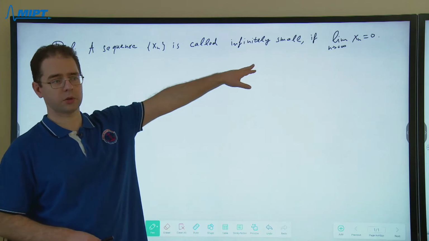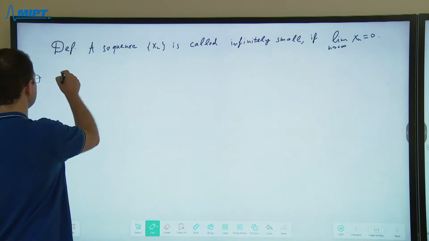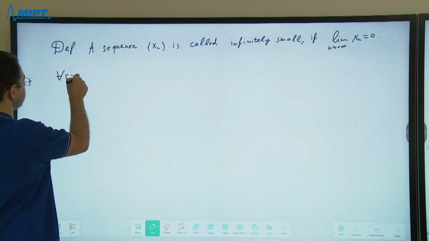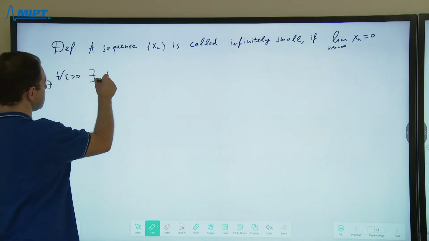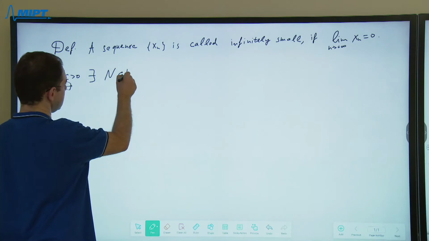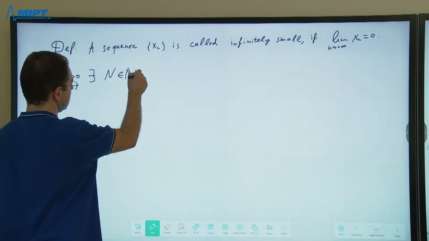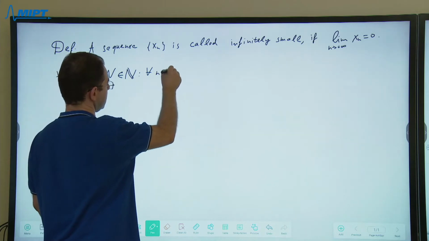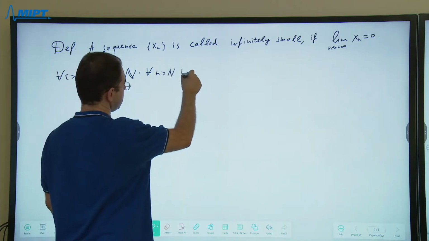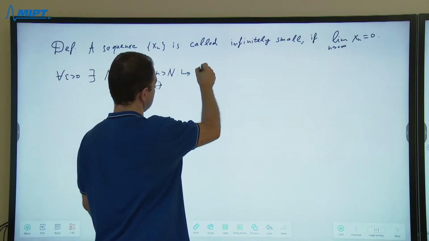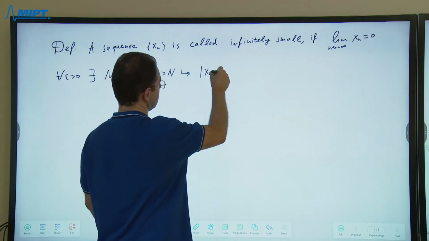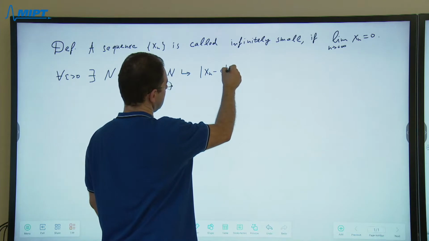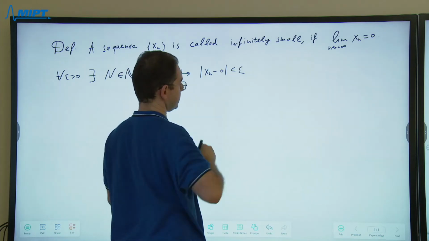If we wrote down this definition, it means for any epsilon greater than 0, there exists capital N, such that for any n greater than capital N, it follows that the absolute value of xn minus 0 is less than epsilon.